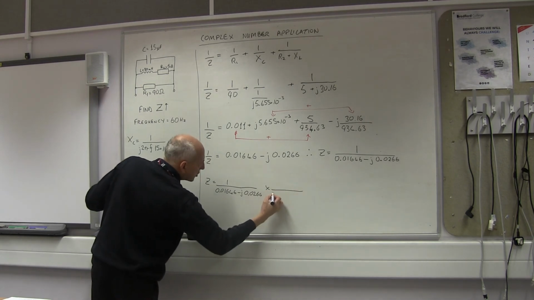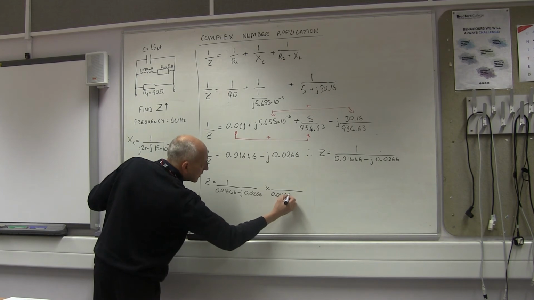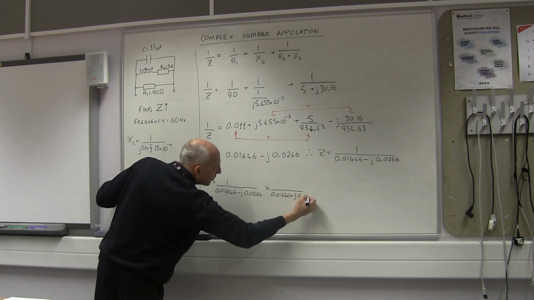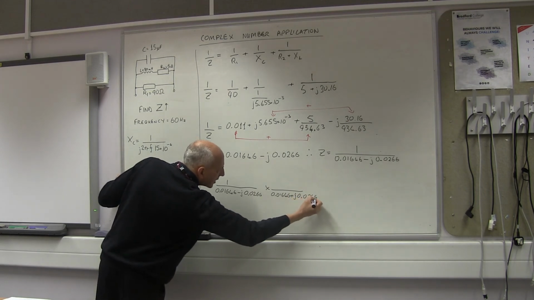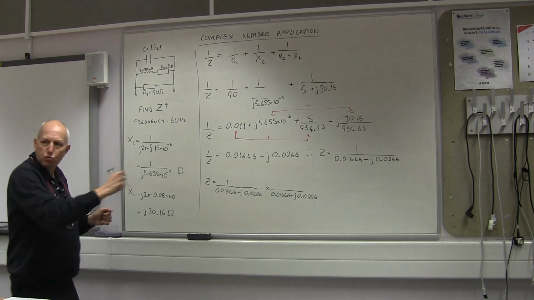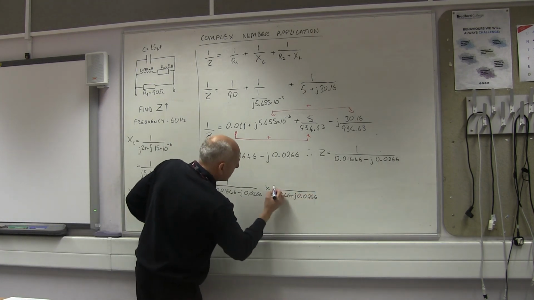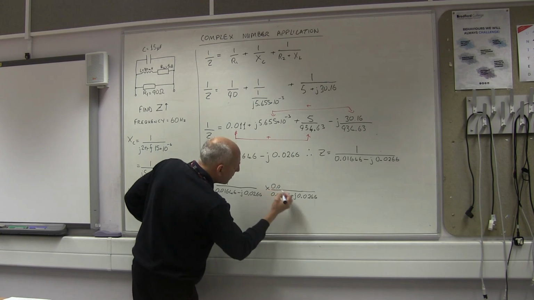So that's going to be on the bottom 0.01646 plus J 0.0266. My handwriting gets scruffy as I go further down. And obviously repeat that on the top to keep it balanced.